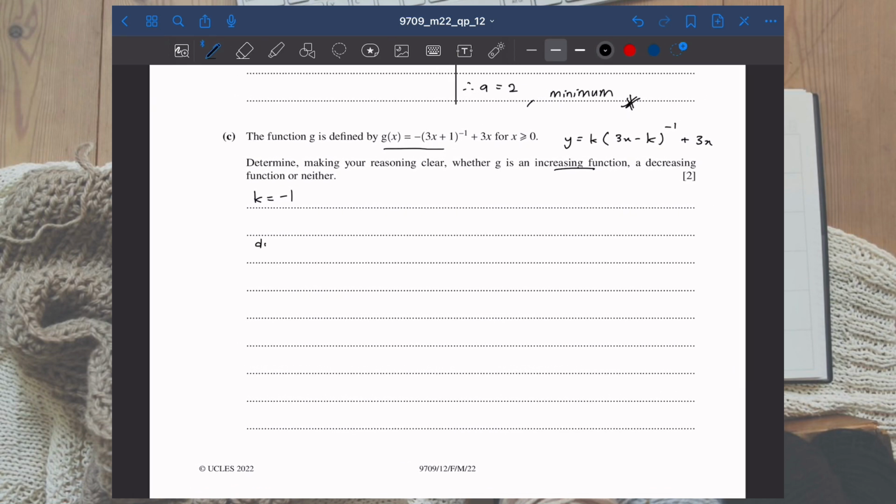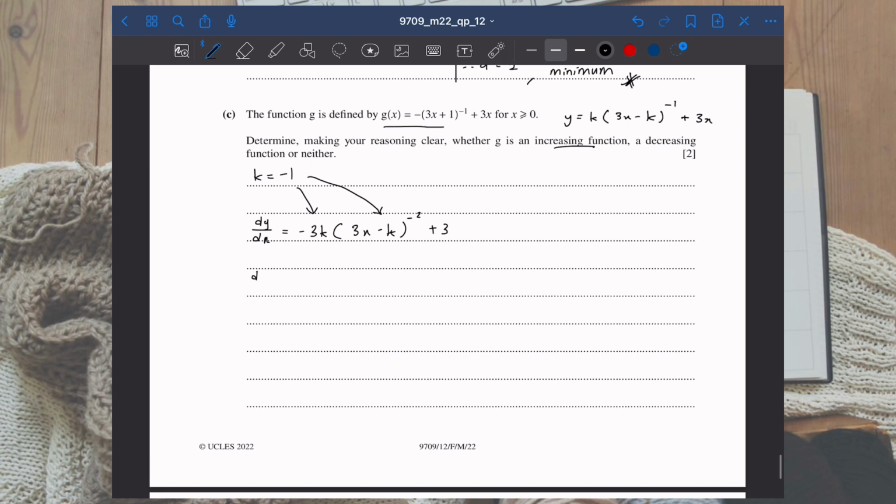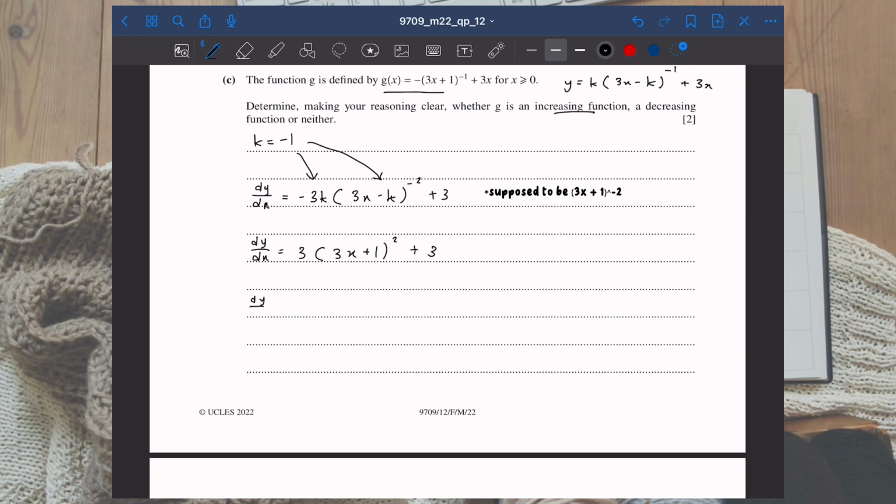If our dy/dx was negative 3k times (3x minus k) to the power of negative 2, plus 3, the dy/dx for our g of x, substituting back k equals negative 1, will be 3 over (3x plus 1) squared, plus 3. So I'll write this back as a fraction.